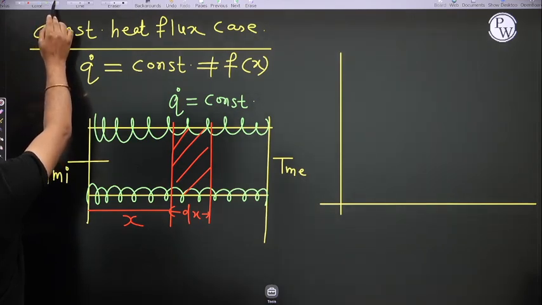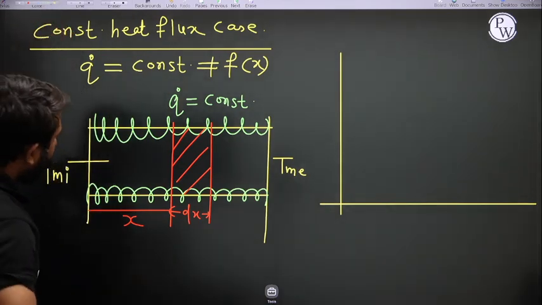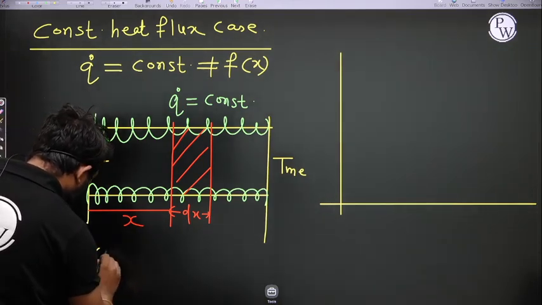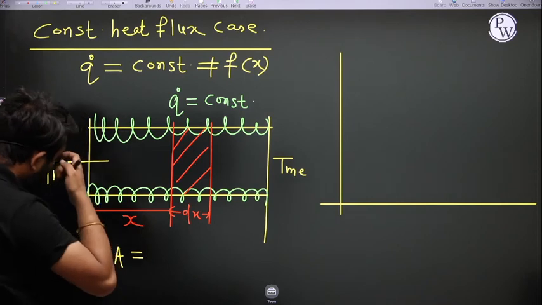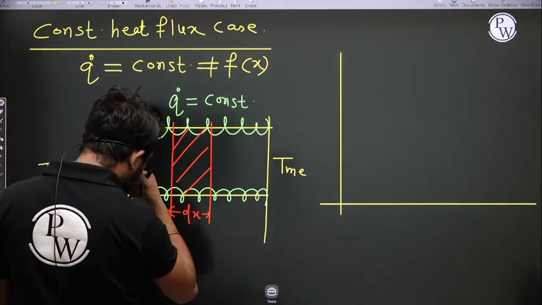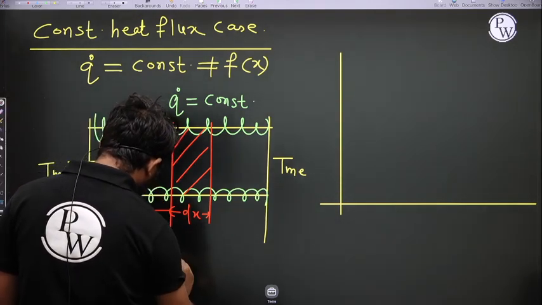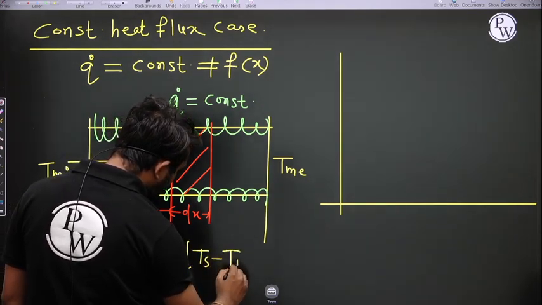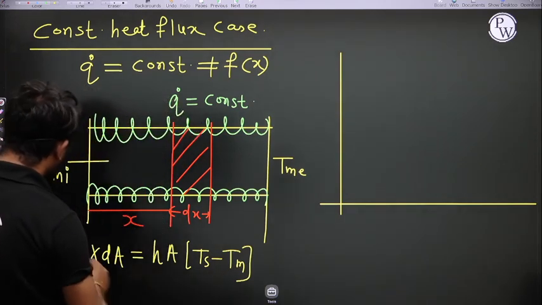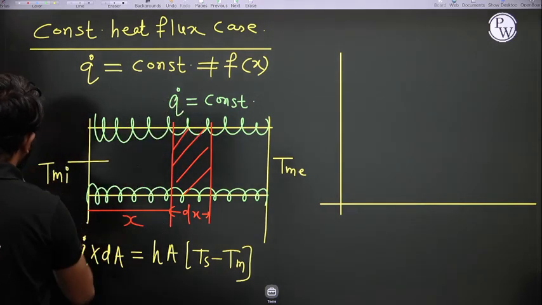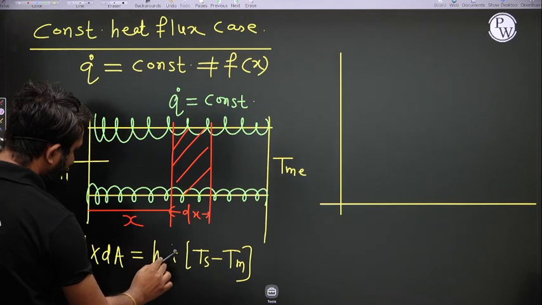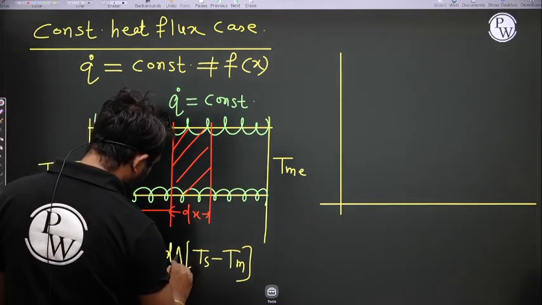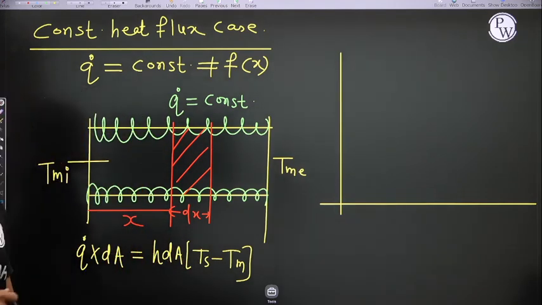If you apply the energy balance for this small element, so simply I can say that Q dot multiplied by dA, this is the total heat transfer, and this is equal to H into dA into Ts minus Tm, right.